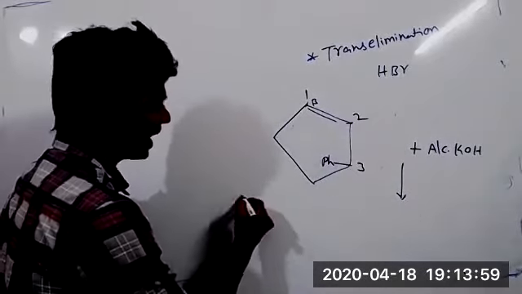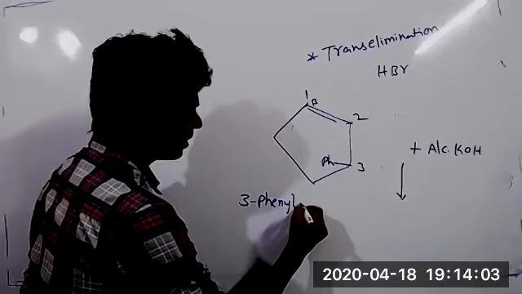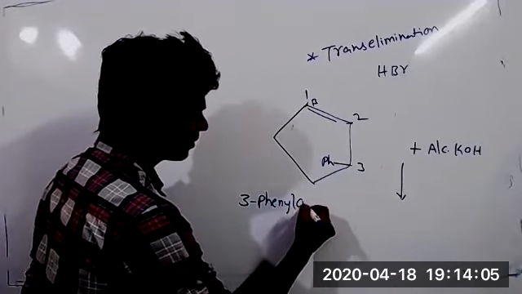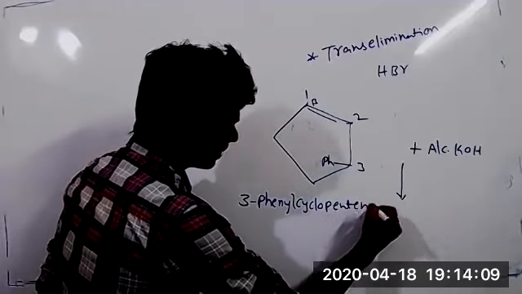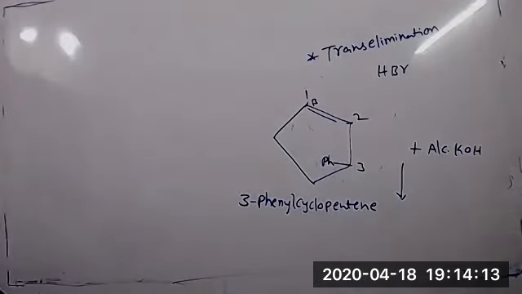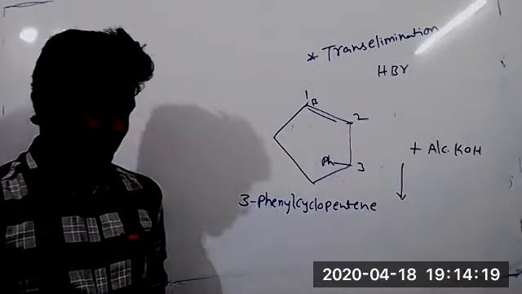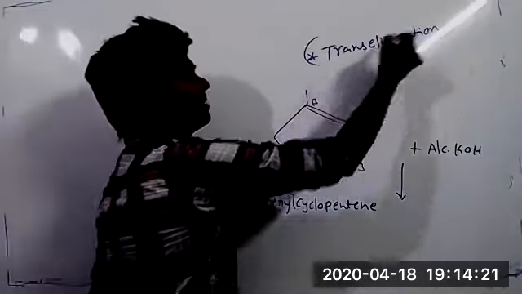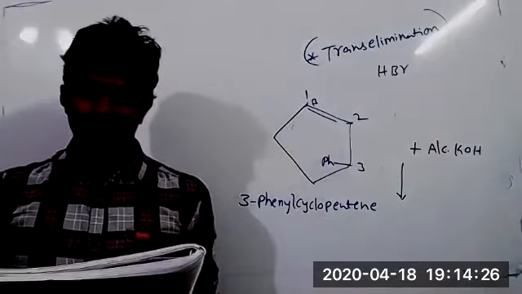The product name is 3-phenylcyclopentene. Double bond is here. Which option? Option D. Very good, option D is correct. Mind it: elimination means trans elimination occurs always.